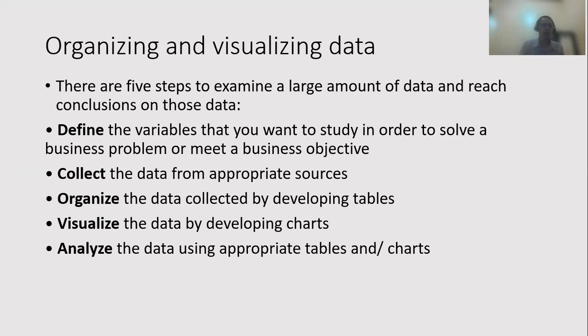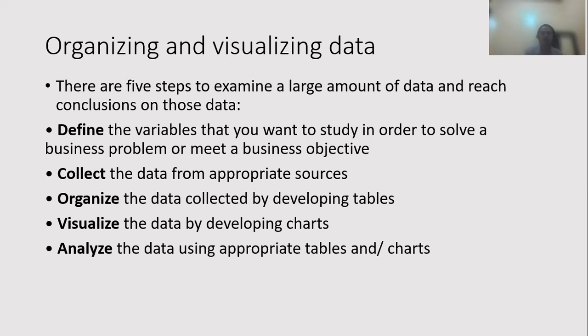So if I'm interested in the level of stress during the pandemic among university students, then in order to collect the data from appropriate sources, I collect it from university students by asking them certain types of items. And then the third one is organizing the data collected by developing tables.